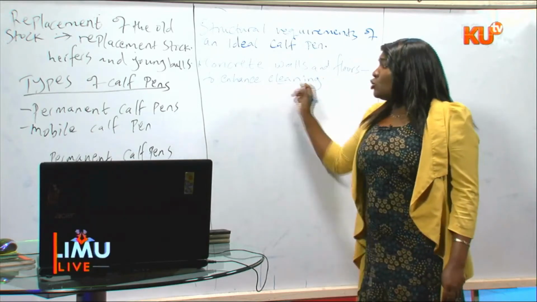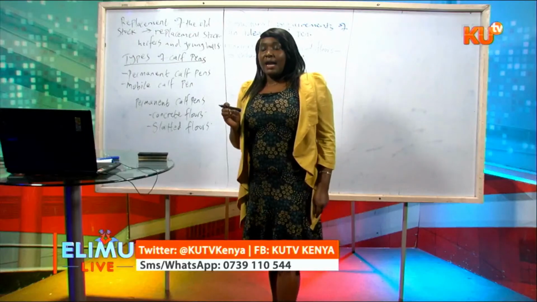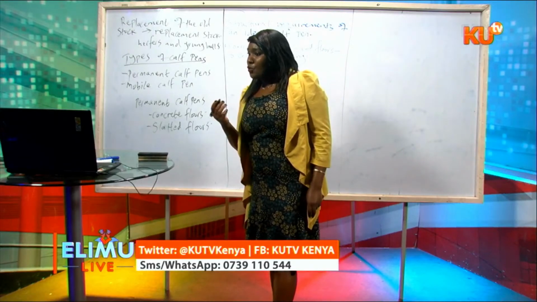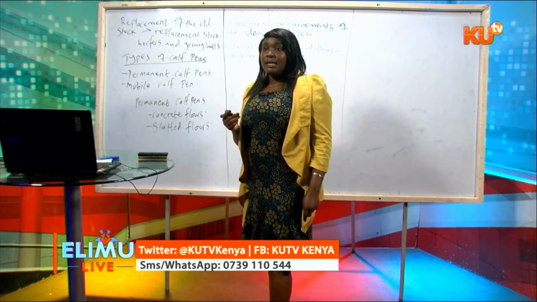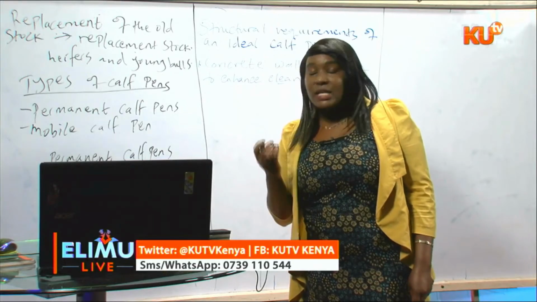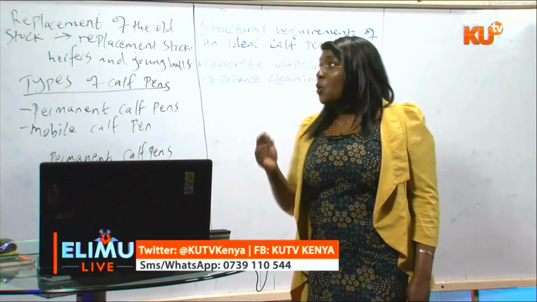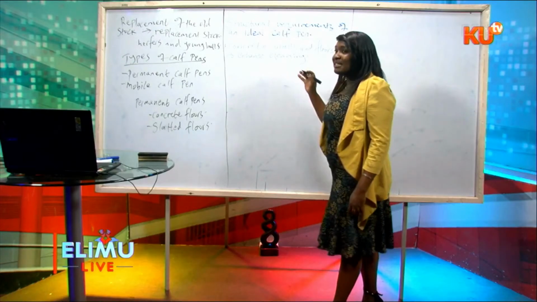We need to clean these calf pens more often. And I believe you have a reason why we clean our houses. Of course, it's because we don't want accumulation of parasites and diseases.